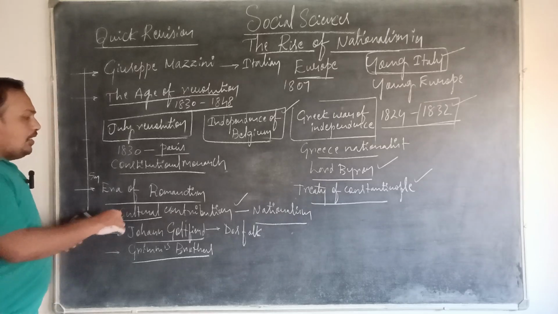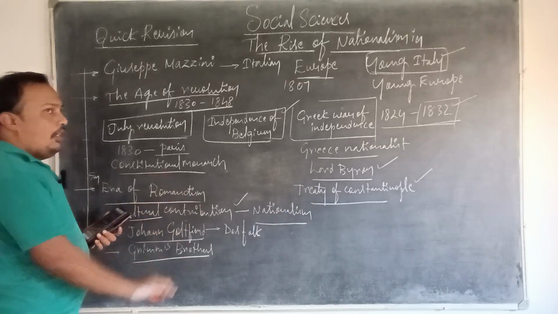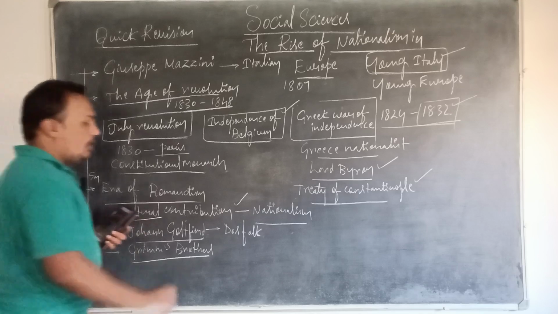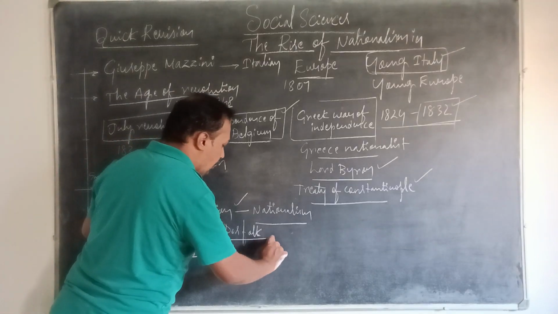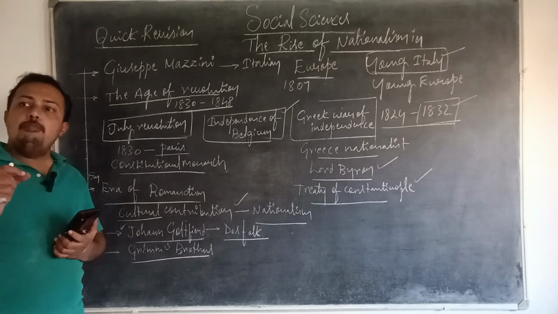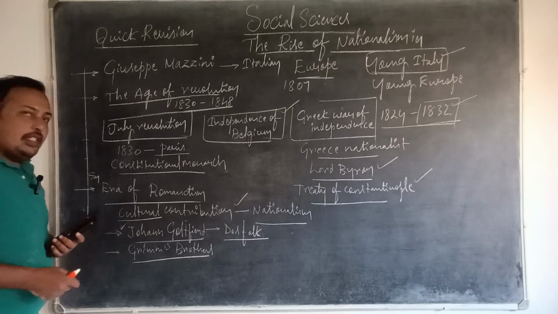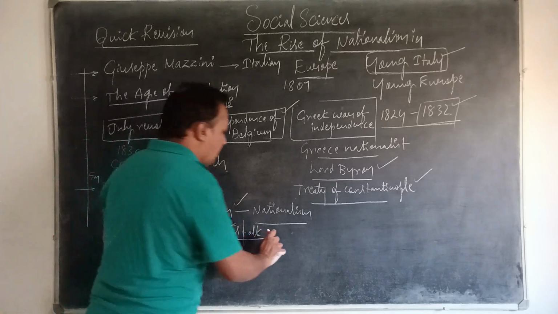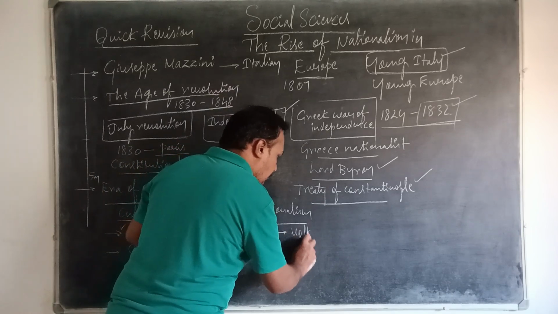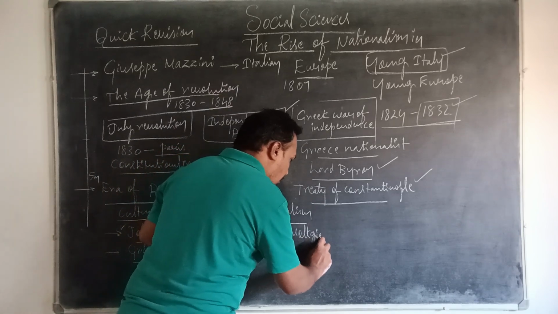So here I am discussing how culture contributed to nationalism. Related to these two names, Johann Gottfried Herder's term is very important. Das Volk means common people. Volksgeist is another term used by him, which means the spirit of nation.